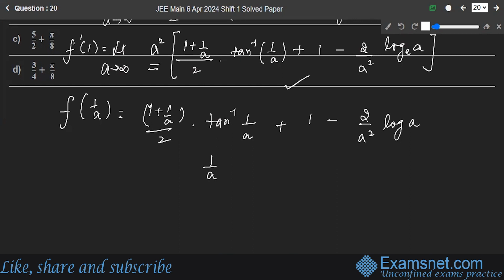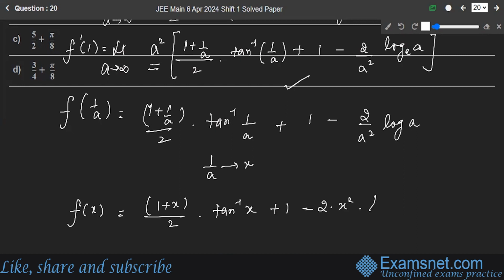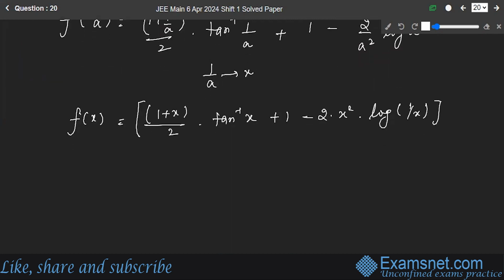And let's convert 1 by a to x. So that means you will have the f of x function as 1 plus x upon 2 into tangent inverse x plus 1 minus 2x square into log of 1 by x. Okay. Now, let's find out the derivative of f of x.